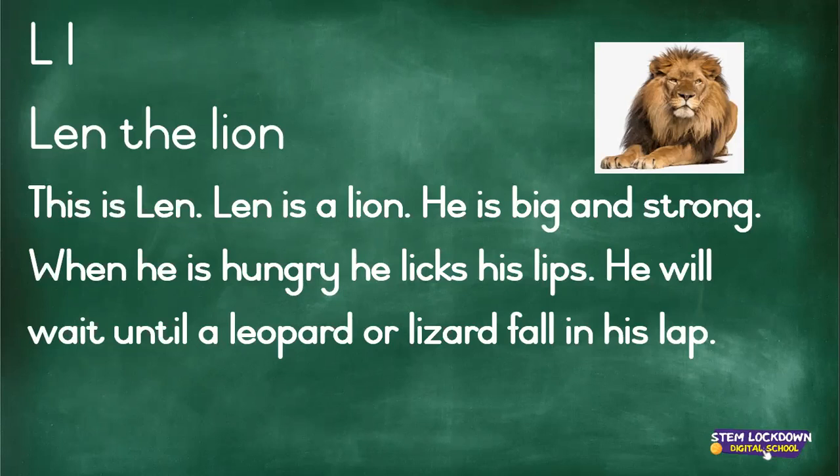He will wait until a leopard or lizard fall in his lap. I wonder why would these two things fall on his lap? It actually sounds like this one doesn't want to hunt, hey? Because he's just waiting for something to fall on his lap. Who must do all the chasing to get this food? I wonder.